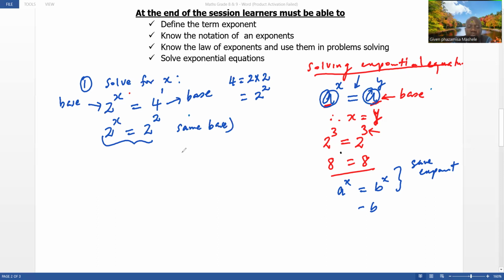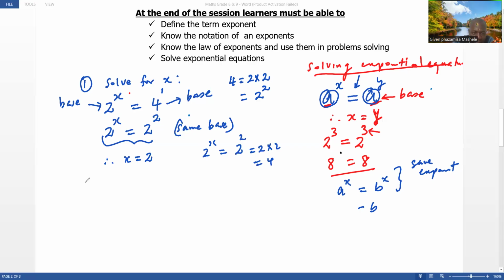And what is the same base? 2. Since the base is the same for equality, therefore x equals 2. And you can prove it: where there is x, let me put 2. What is 2 squared? 2 times 2, and the answer becomes 4. We see that it is the same.